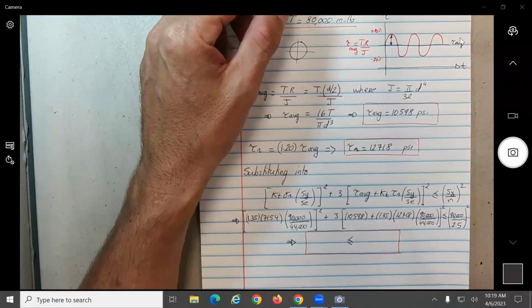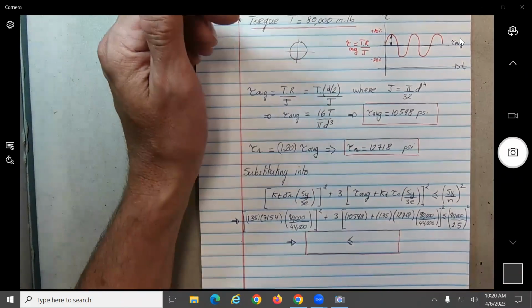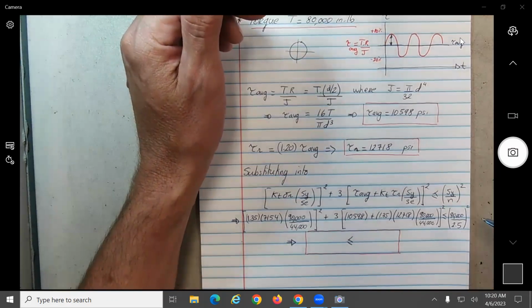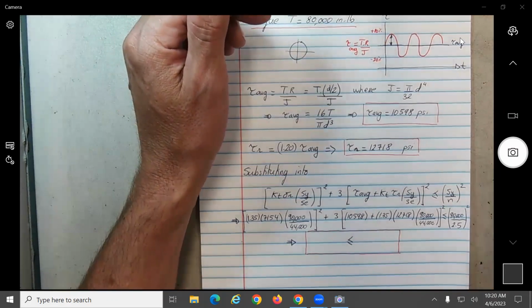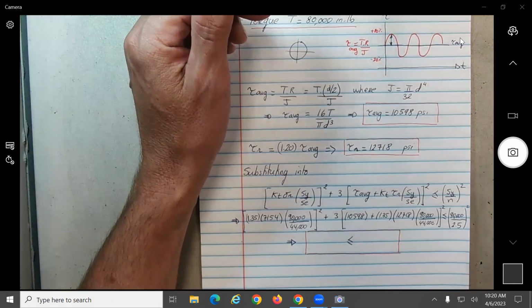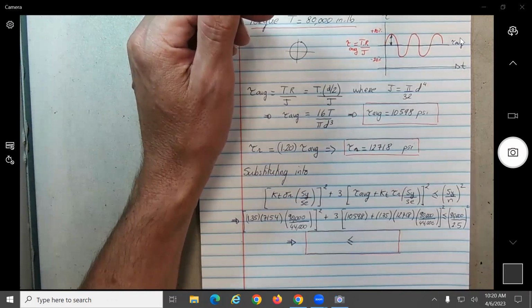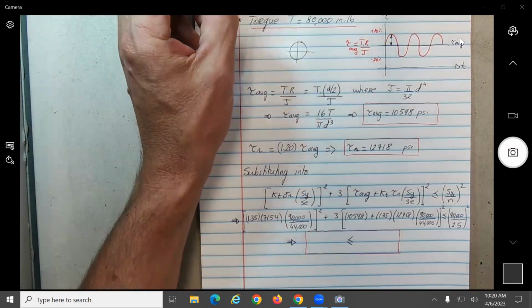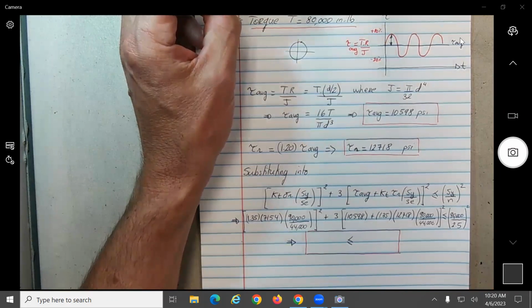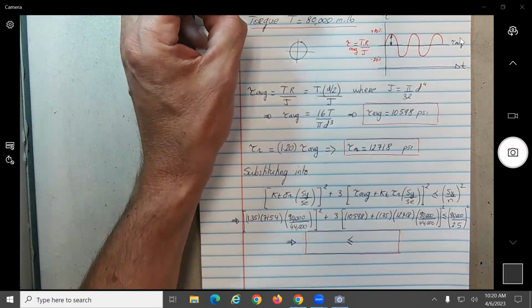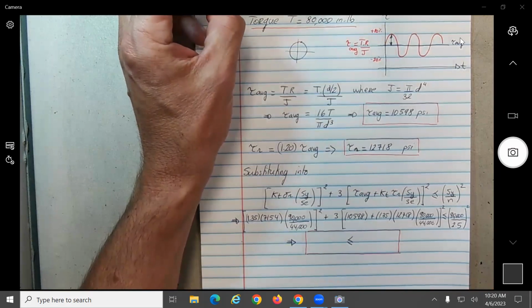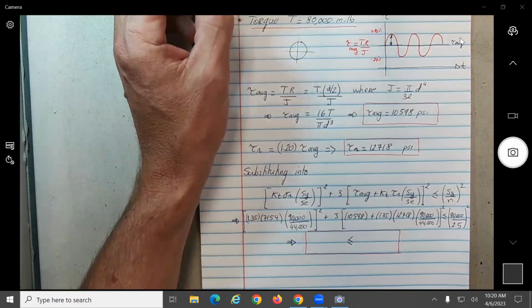What do you find for the right hand side? 90,000 divided by 2.5 squared. It's probably a huge number, but it doesn't matter. What do you get for that one?